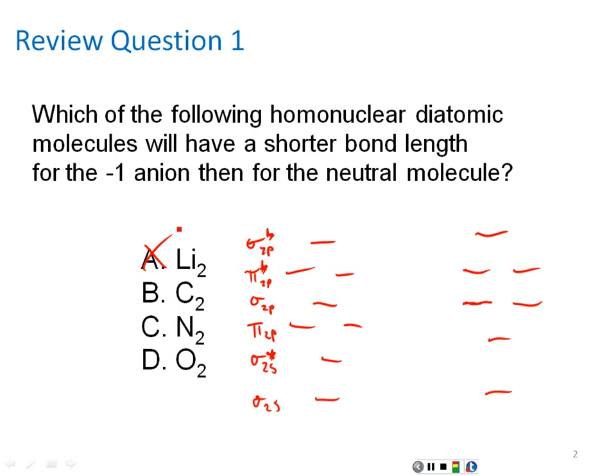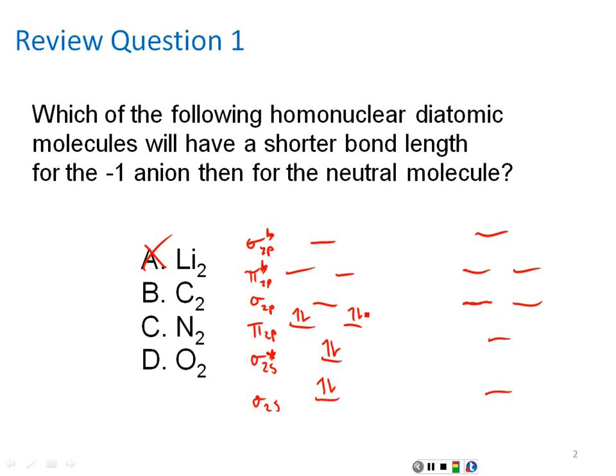Let's look at choice B, C2. Carbon has 4 valence electrons each, so the C2 molecule will have 8 that we need to fill. 1, 2, 3, 4, 5, 6, 7, 8.